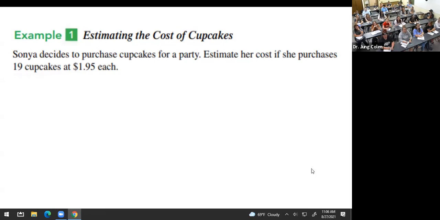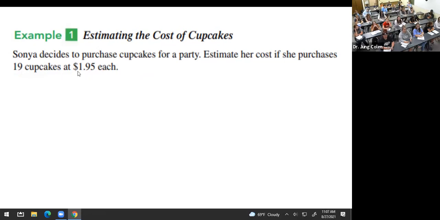Just round it to $2. That's what we just did in another class. So let's make it an easier number. 19 times something is kind of hard for me. Maybe you have better calculation skill than I have, but 19 is not a good number for me, so I'm going to change that to 20. Oh, that's so much easier. How about 1.95? Oh no, $2. I like that more.